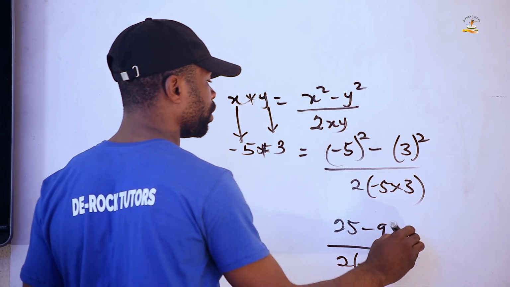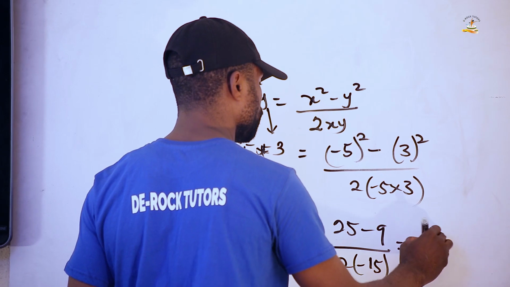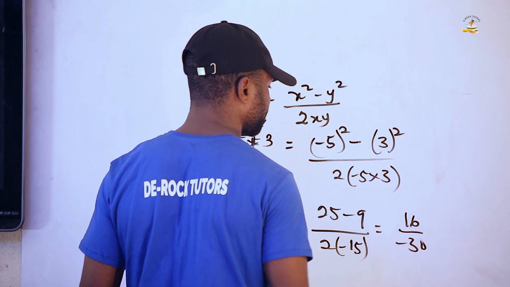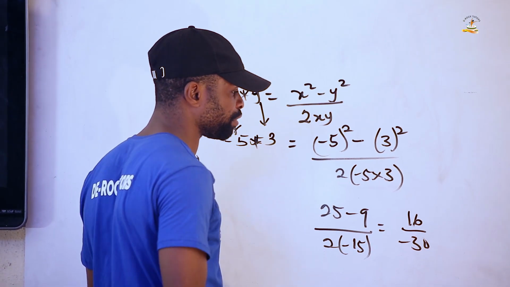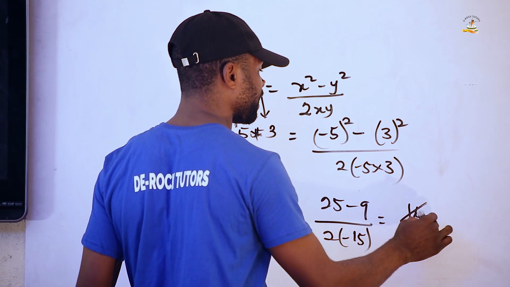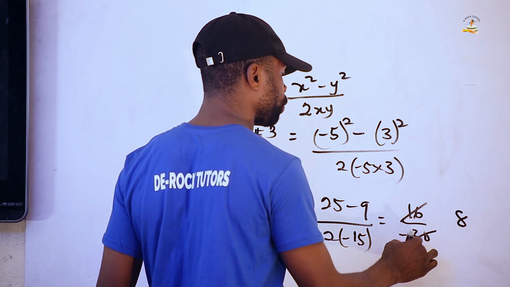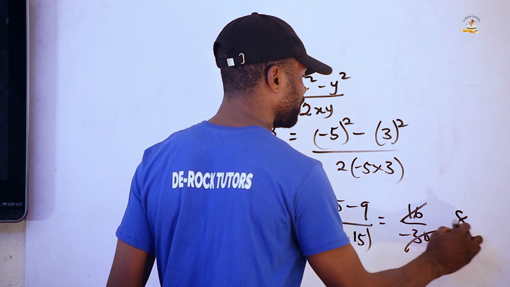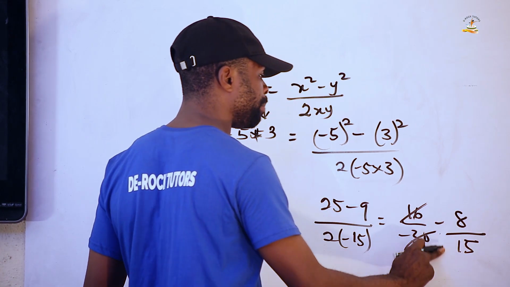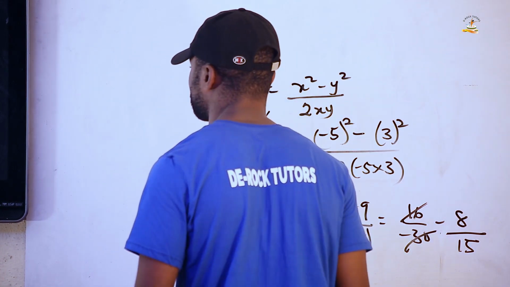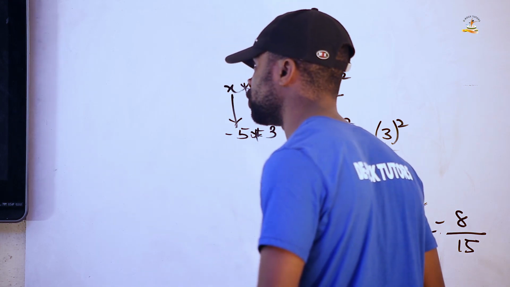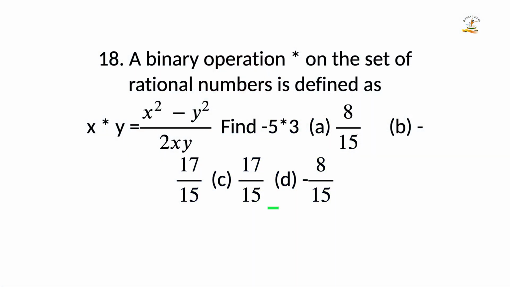So this one will give us 16 over minus 30. We can reduce to the least fraction: 2 goes here, 8; 2 goes here, 15. The answer will now be minus 8 over 15. And if you look at the options, you will see it in option D.